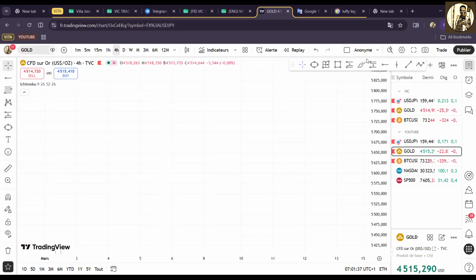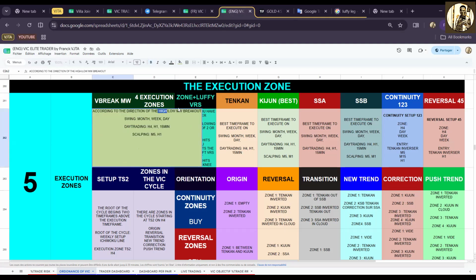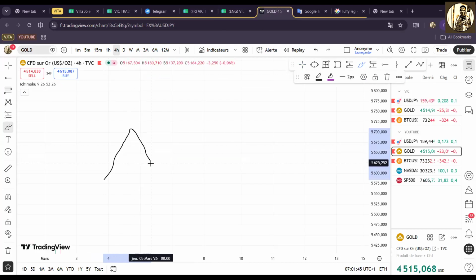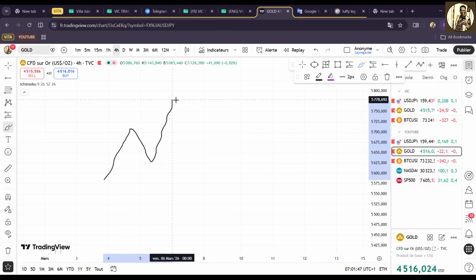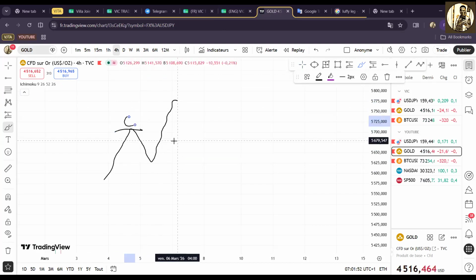So that sentence means that if the price goes up like this and then breaks this high, you stop thinking about selling this market. You need to buy in the direction of the break.